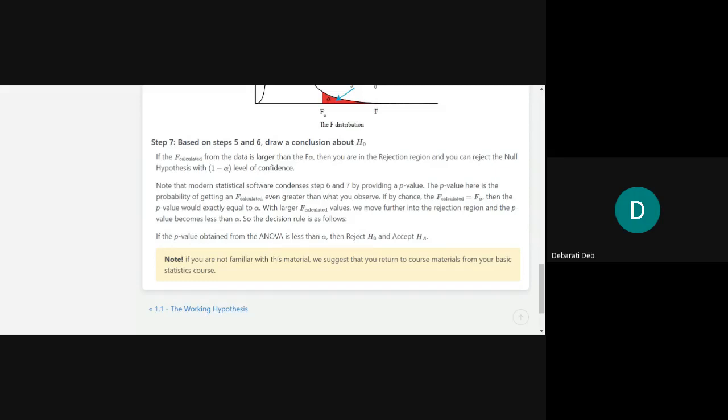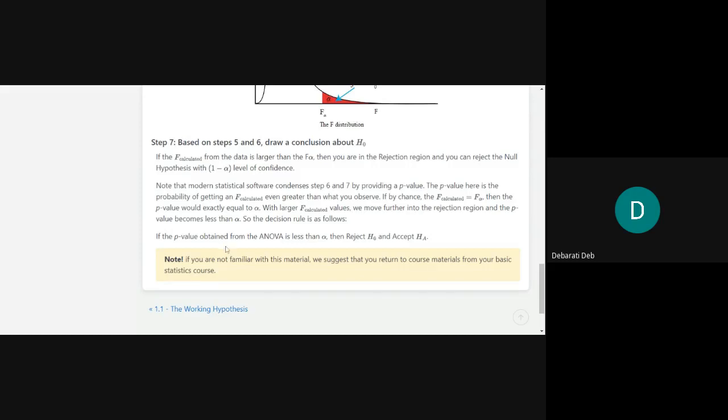So the decision rule is as follows. If the p-value obtained from the ANOVA is less than alpha, that is 0.05, then reject H naught and accept HA. Now see, no need to read this second paragraph. You will understand it if I show you the Excel calculation, so for now skip this second paragraph.